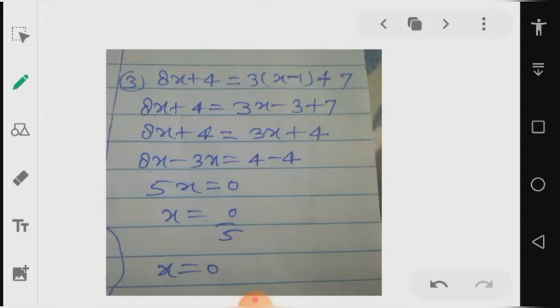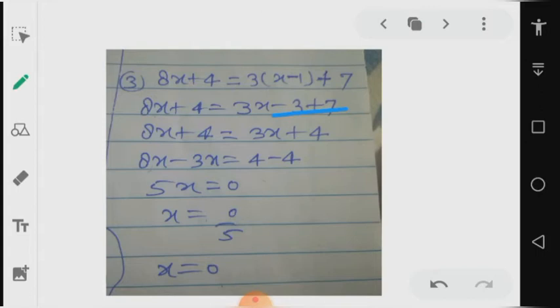Again, in the third example, some mathematical operators are combined. A bracket is also used here. Now we have to simplify the bracket first. So the LHS will be the same, and on the RHS 3 is multiplied by the whole bracket.